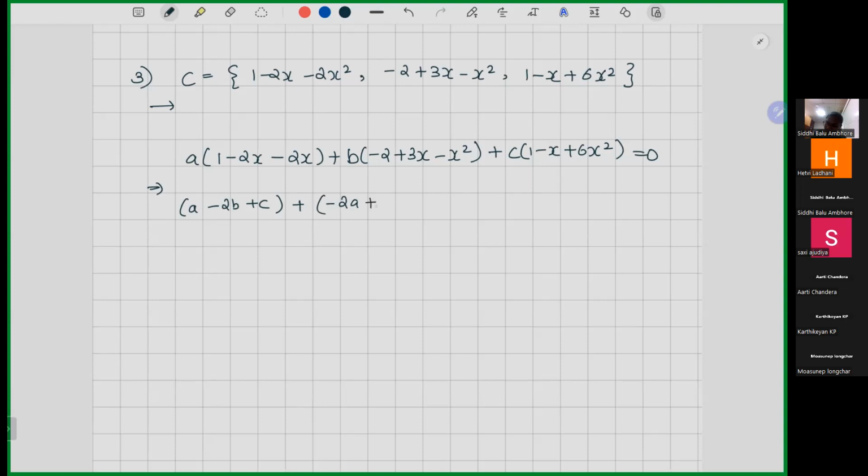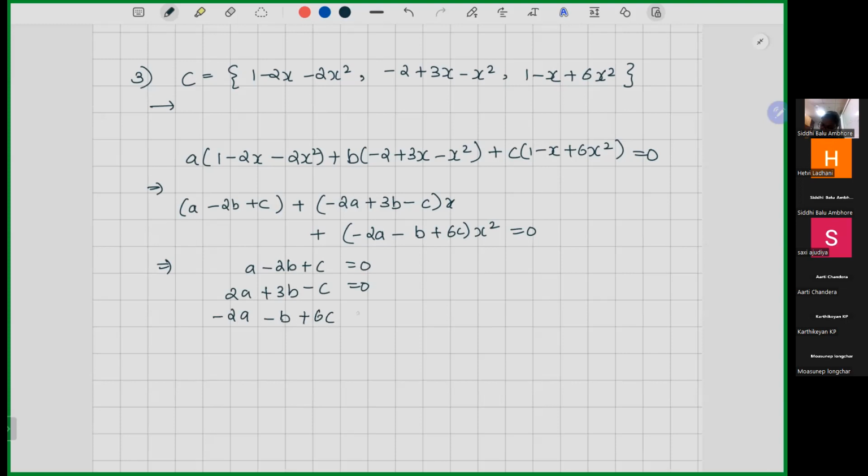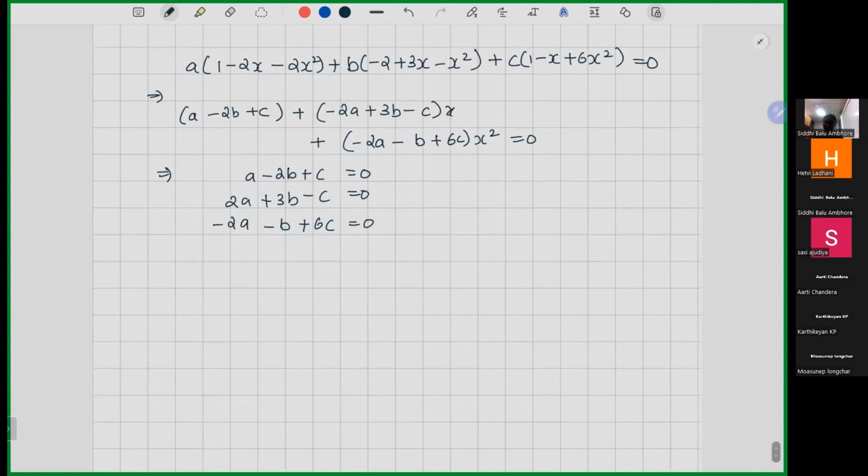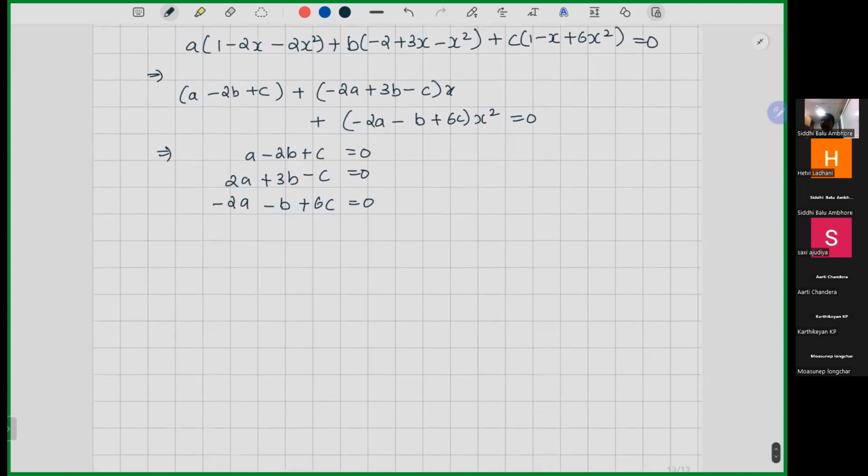Plus 3b minus c times x, plus minus 2a minus b plus 6c times x square is equal to 0. And we have these 3 equations when I compare them coefficient-wise. And minus b plus 6c is equal to 0. And what is your guess? How can we solve this?